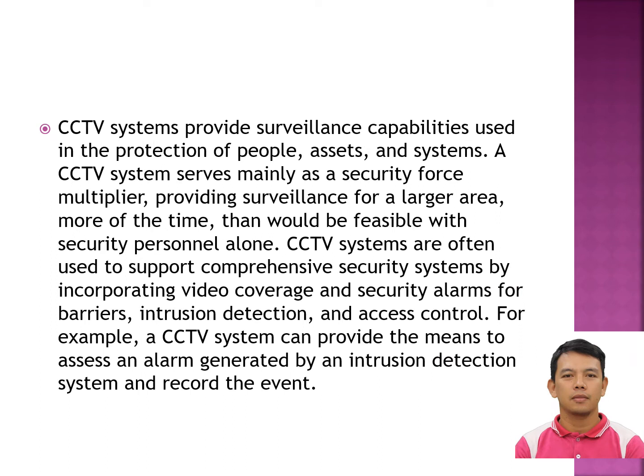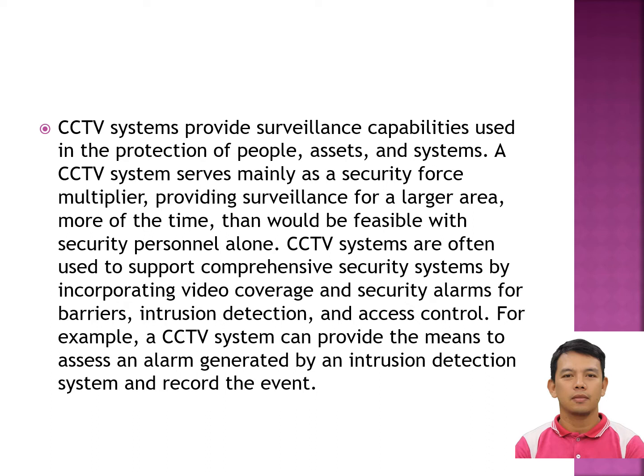Now, the closed-circuit television or the CCTV system provides surveillance capabilities used in the protections of people, assets, and system. A CCTV system serves mainly as security force multiplier, providing surveillance for a larger area more of the time than would be feasible with security personnel alone.